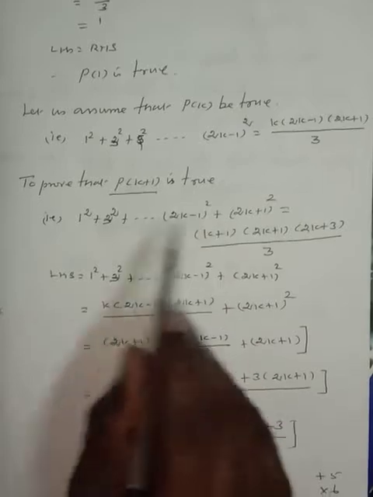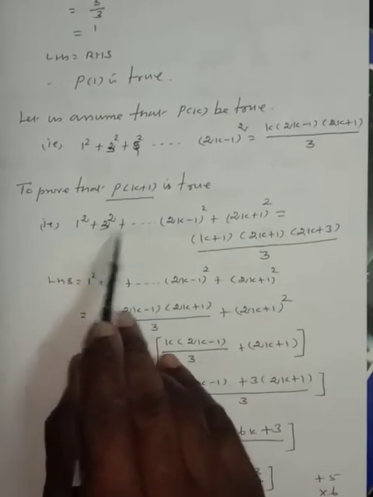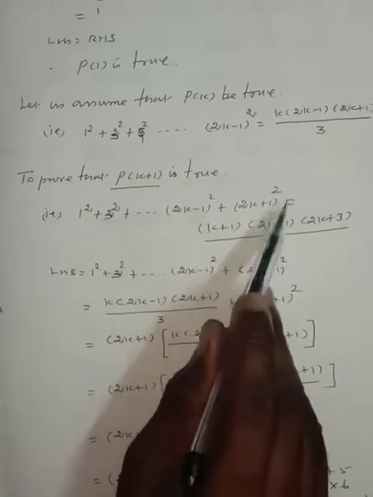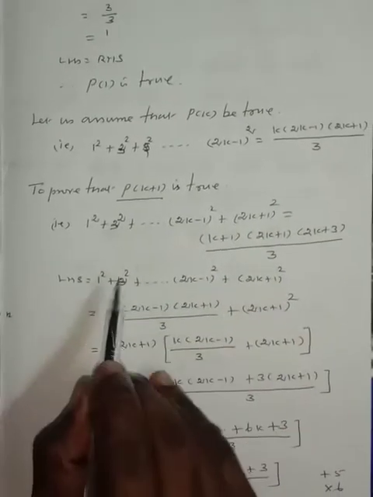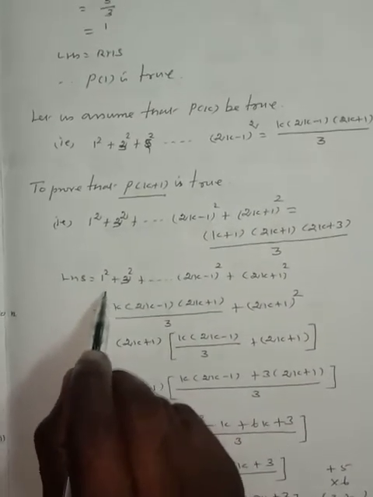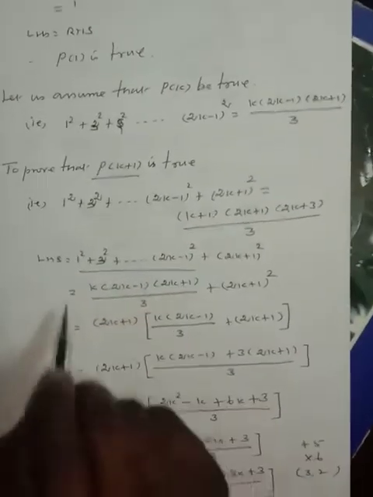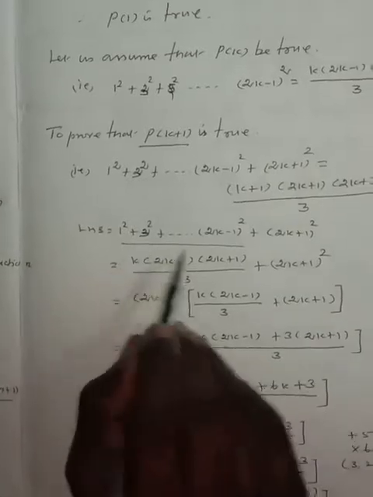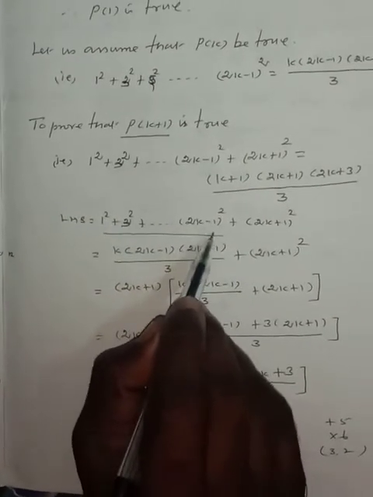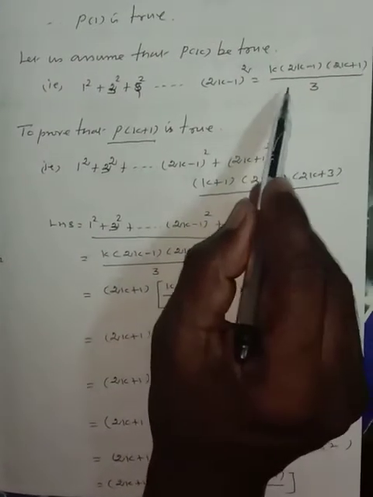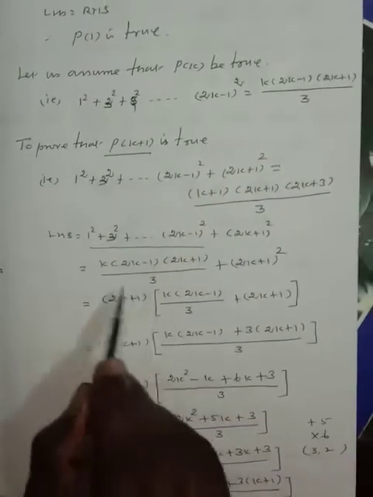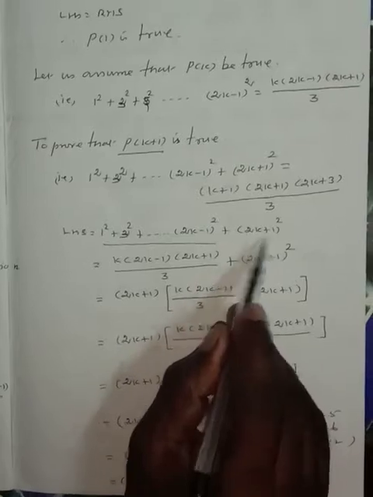Let us take LHS. 1 square plus 3 square and so on to 2k minus 1 whole square plus 2k plus 1 whole square. Okay. Take first 1 square plus 3 square and so on to 2k minus 1 whole square, which by the condition is k into 2k minus 1 into 2k plus 1 divided by 3, plus 2k plus 1 whole square.